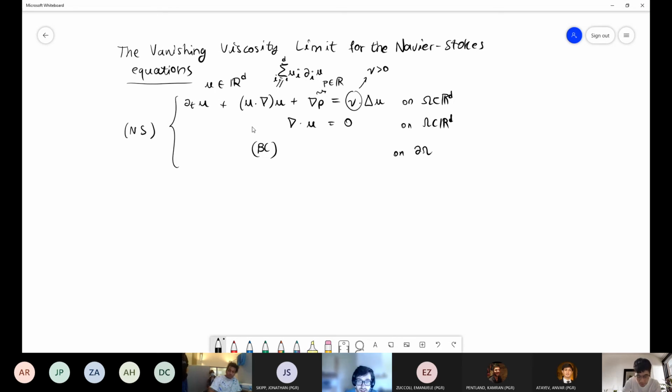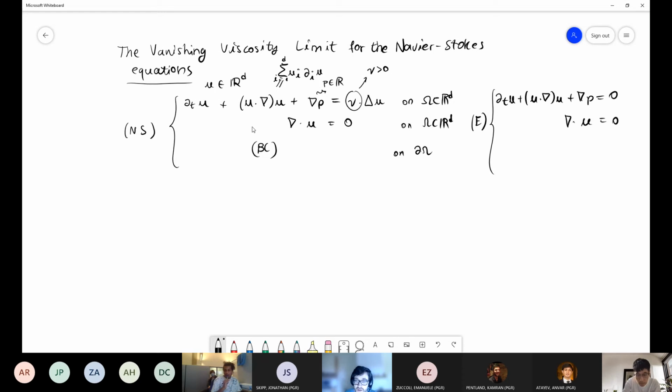If we imagine that there is no viscosity, then this term disappears, and we get the Euler equations, abbreviated with E. It's basically the same equations, except there is no term in the right-hand side, so this is equal to 0.